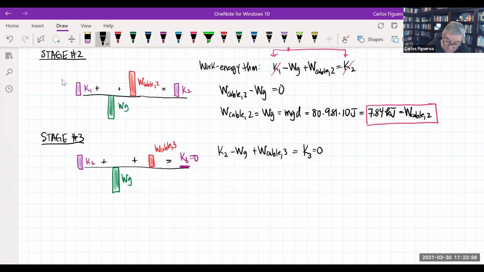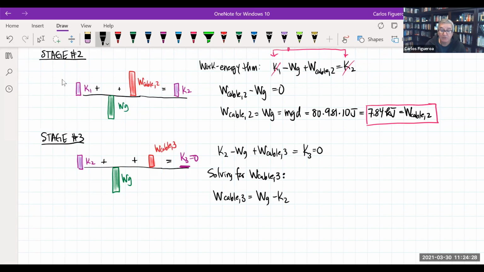So I have to solve for the work of the cable now. Algebraically, I have to move everything to the other side, so the work of the cable then has to be the work of gravity minus K2.